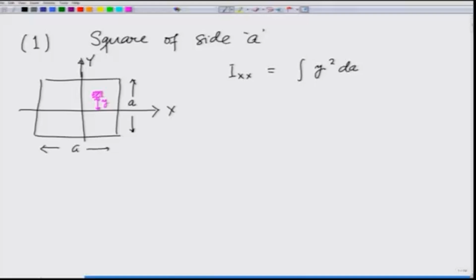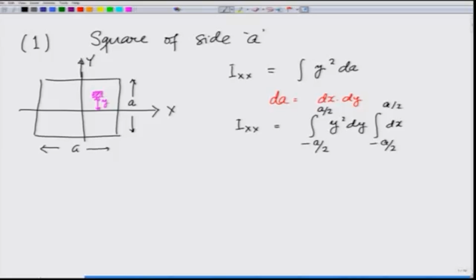In this case dA is simply dx times dy, and therefore Ixx is the integral of y square dy, varying from minus a by 2 to a by 2, times dx, varying from minus a by 2 to a by 2.